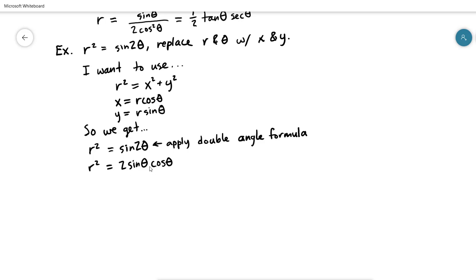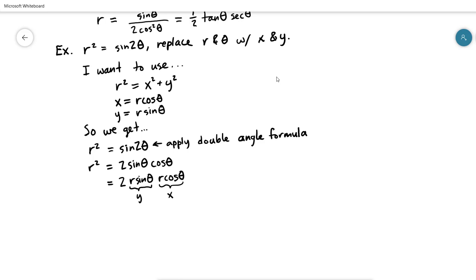I have a sine of theta, I have a cosine of theta, but I'm missing the r's. So I'm just going to force them there. I'm going to rewrite this so that I've got a 2 here with an r sine of theta and an r cosine of theta, because that'll make it really easy to immediately say, okay, this whole piece, there's my y, this whole piece, there's my x.